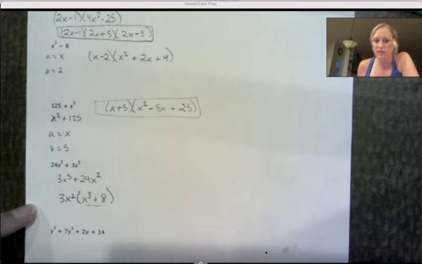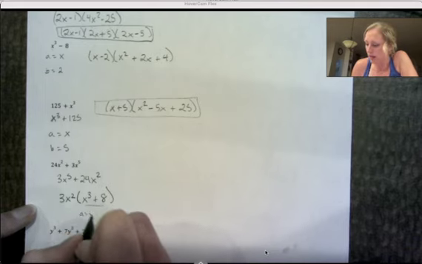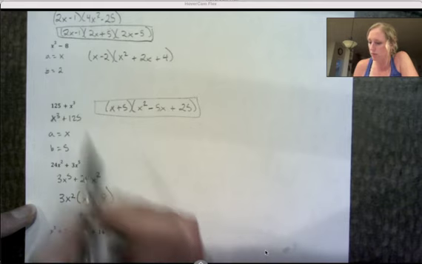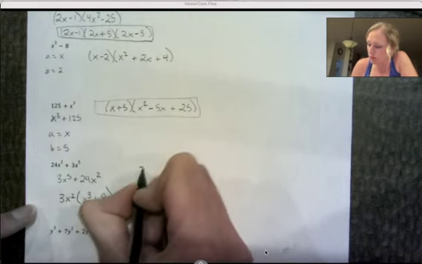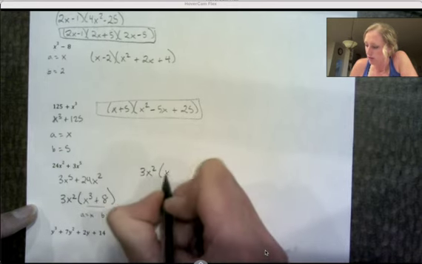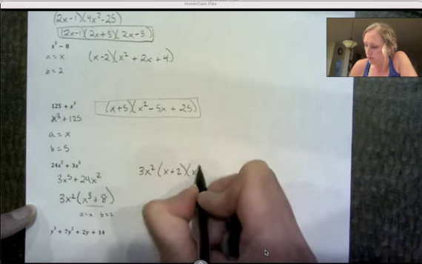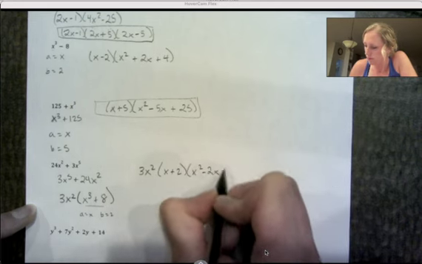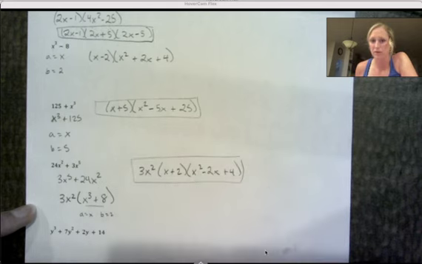And what's left is the sum of cubes, where a is x and b is 2. Just like we did up here, it was difference, this one is sum, so I still have that 3x squared out front. Then I factor using the sum of cubes formula. And so this would now be completely factored.